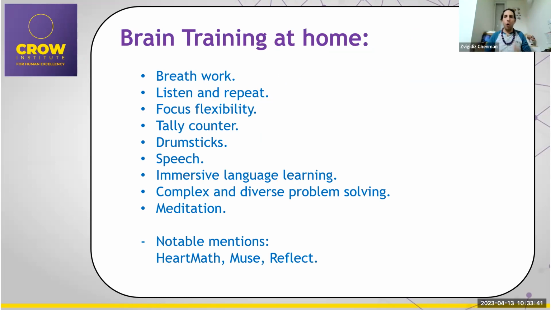So how do you do brain training at home? First of all, and maybe the easiest thing, is breath work. The only thing you need to do is breathe. Now, I know breath work doesn't necessarily mean brain, but when we breathe correctly, we're influencing our heart, which in turn influences our vagus nerve, which in turn influences our nervous system.